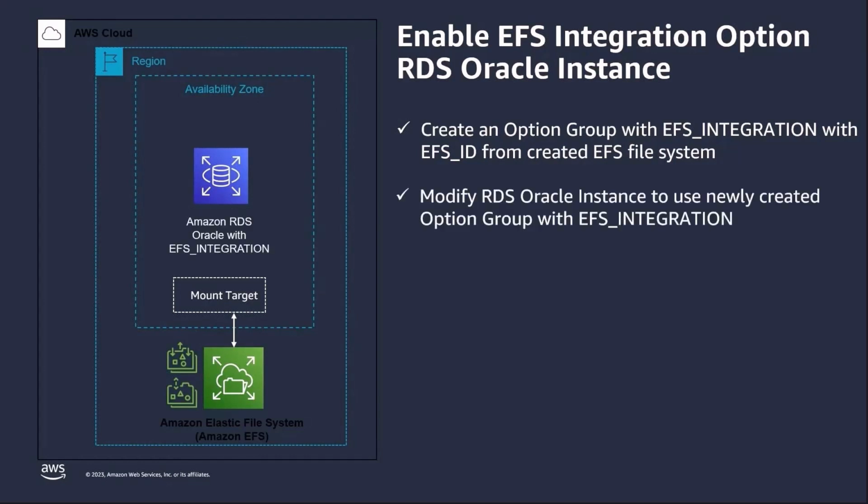Third, we will want to make sure the security group of mount target is updated to allow inbound access on port 2049 from RDS Oracle instance using RDS Oracle security group as source.